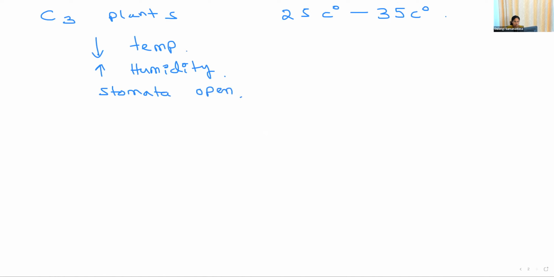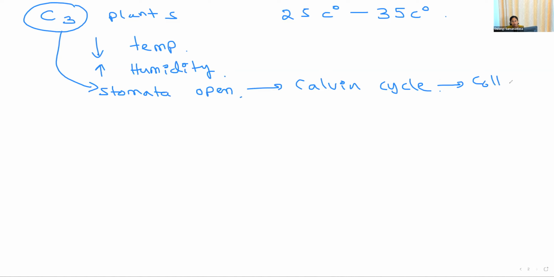If they leave their stomata open, they can get the carbon dioxide in, so they will do the normal Calvin cycle. Right? So most of the time the C3 plants can leave their stomata open. That means they will undergo the Calvin cycle, producing glucose to produce ATP from cellular respiration.